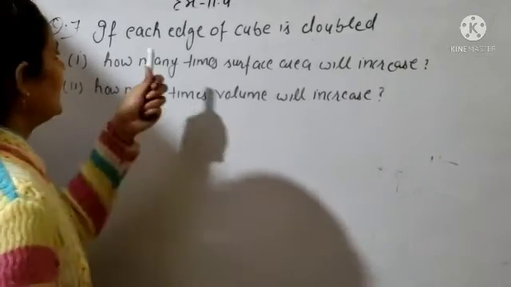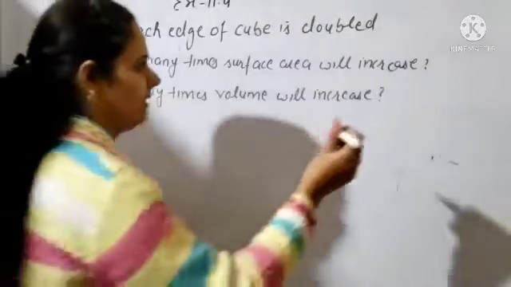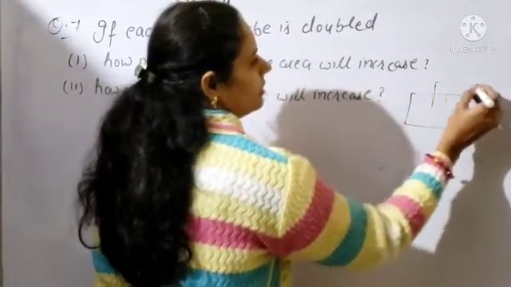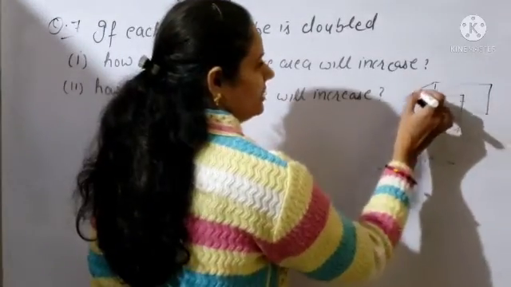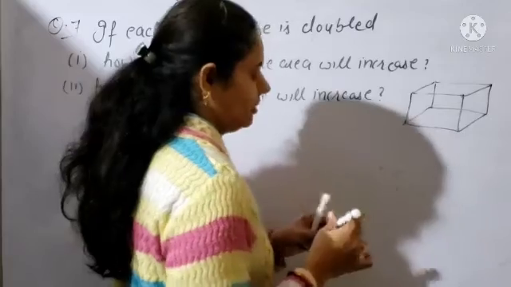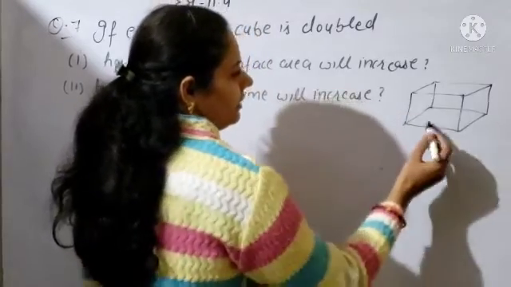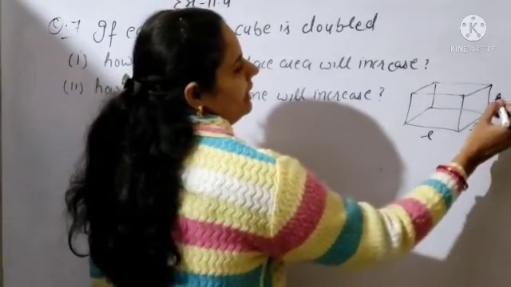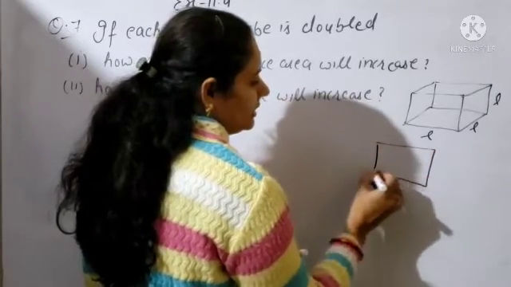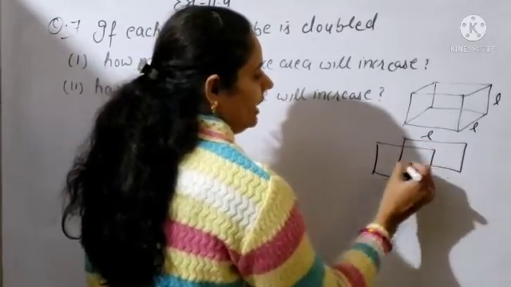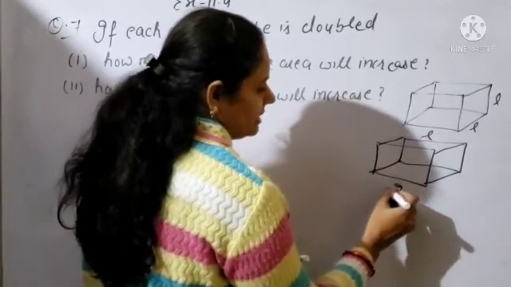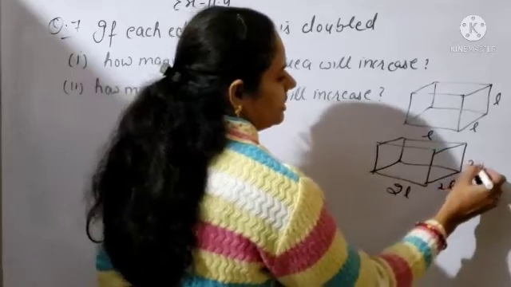Okay, if each edge of a cube is doubled, for example, this is a cube and the cube base will be like a square. So you can assume this is a cube, and the edge of this cube will be L. You are assuming the sides of the cube are L. After that, if you take another cube where all the sides are double, double means it will be 2L, 2L, 2L.